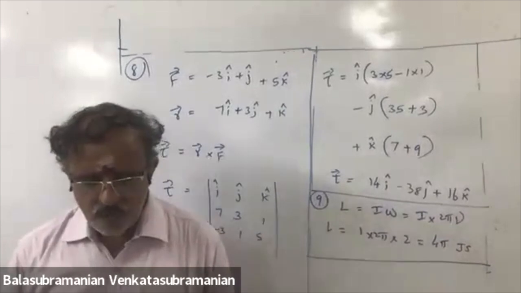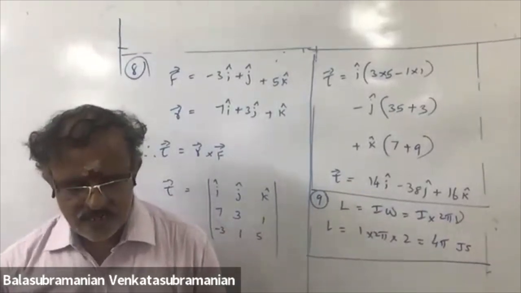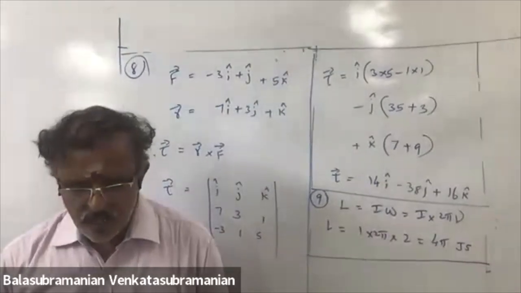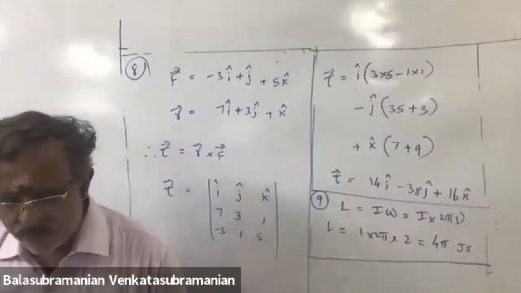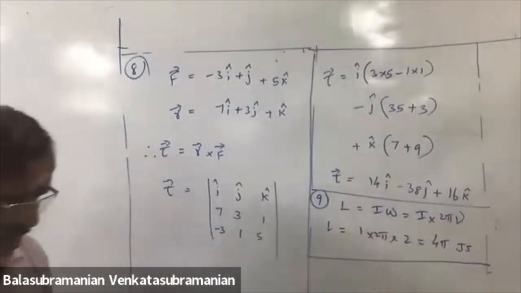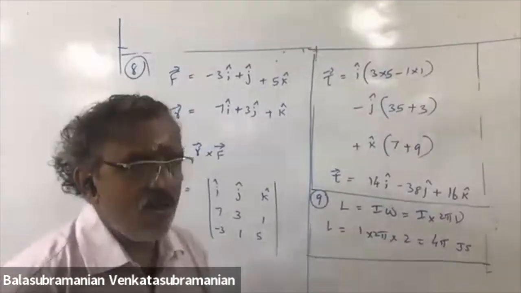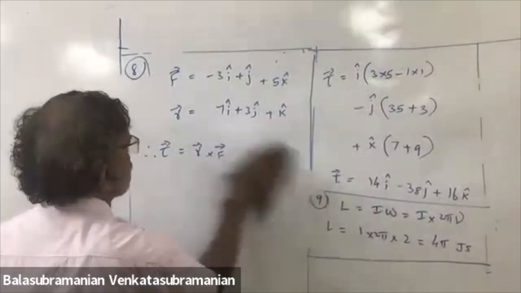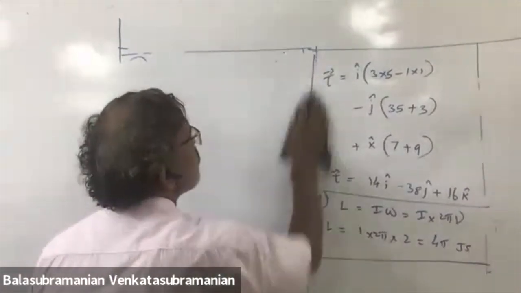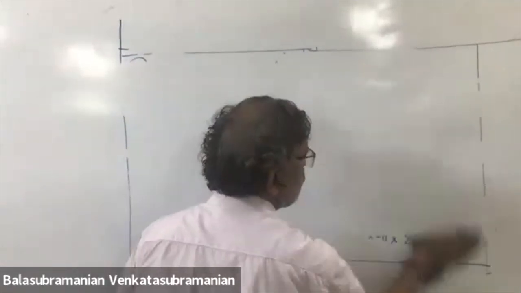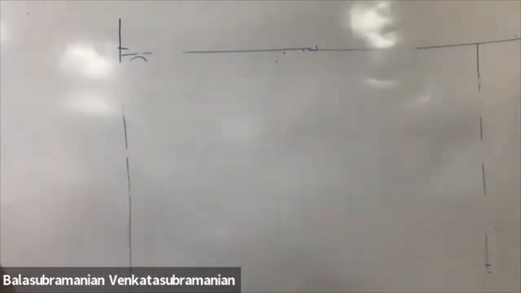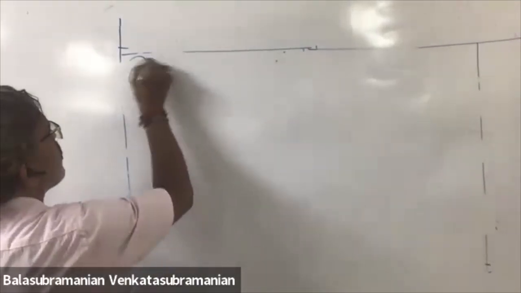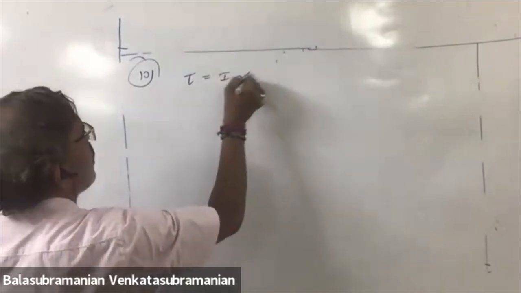Constant torque 31.4 newton meter is exerted on a pivoted wheel. Calculate the moment of inertia of the wheel if the angular acceleration of the wheel is 4 pi radian per second square. Torque is given, angular acceleration is given, moment of inertia we have to calculate. So the formula for the 10th one: torque tau is equal to I alpha.